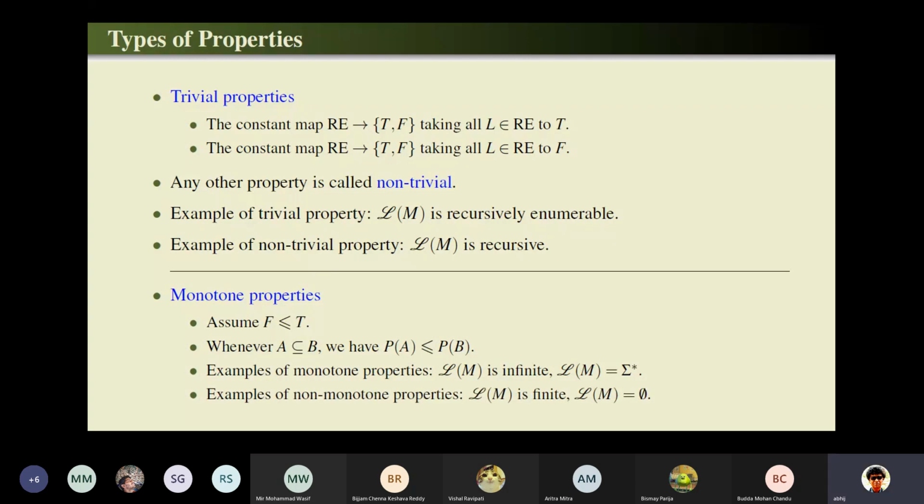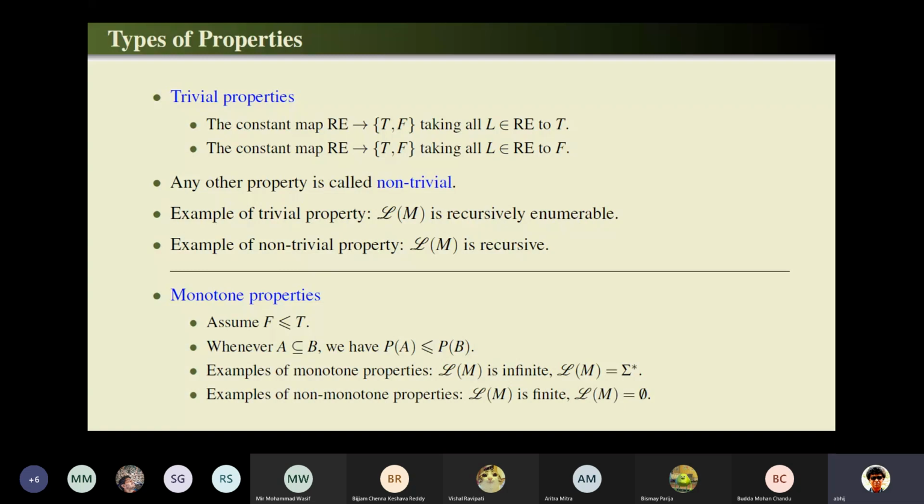And if I look at the other things, being finite is a non-monotone property. Why? Being finite is true only for finite RE sets. This finite RE set is contained in an infinite RE set like sigma star. For that finite set this is true, but for that superset, sigma star, this is false.